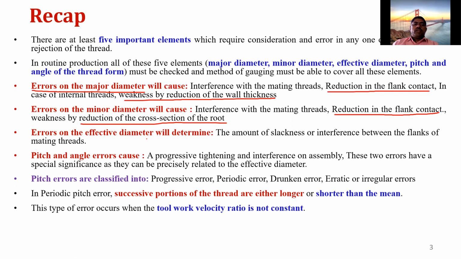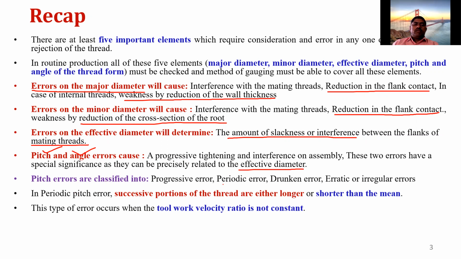And errors on the effective diameter will determine the amount of tightness or slackness or interference between the flanks of the mating threads. The errors in pitch and angle cause a progressive tightening and interference on assembly. These two errors, pitch error and angle error, have special significance because they are directly related to the effective diameter.